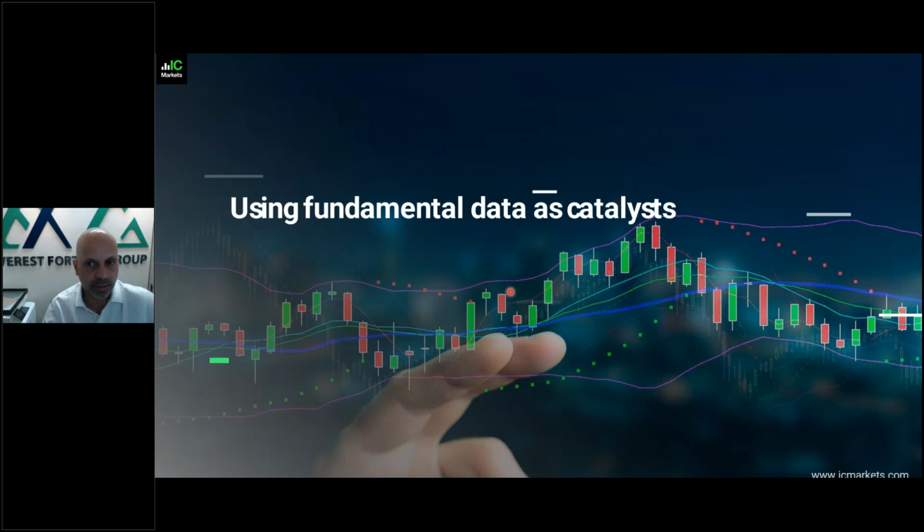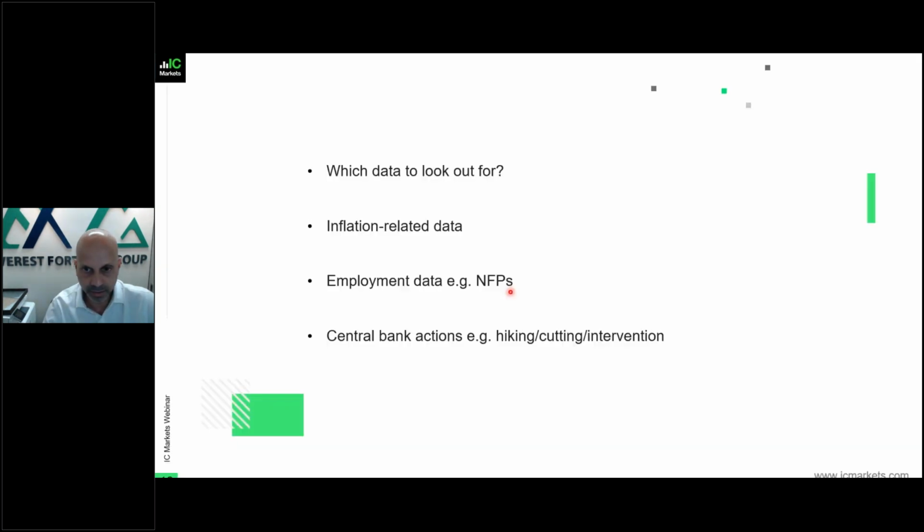Okay, using fundamental data as a catalyst. As I said, fundamental data can be used to provide further fuel for the continuation of your move, be it to the upside or to the downside. Over the past year, we've seen a lot of inflation-related data acting as a tailwind for the US dollar, and recently as a tailwind for the dollar falling.